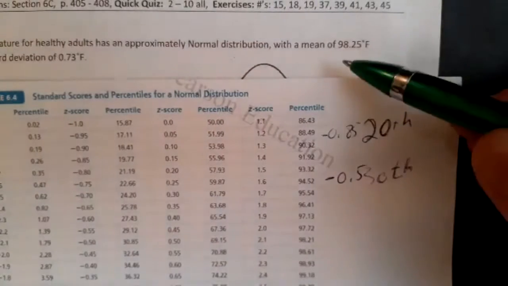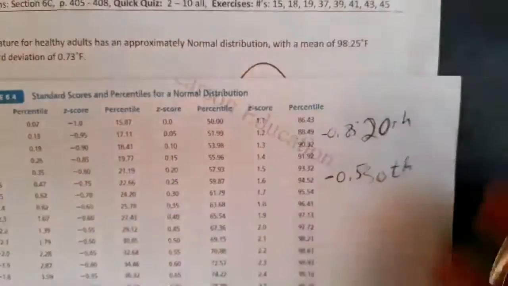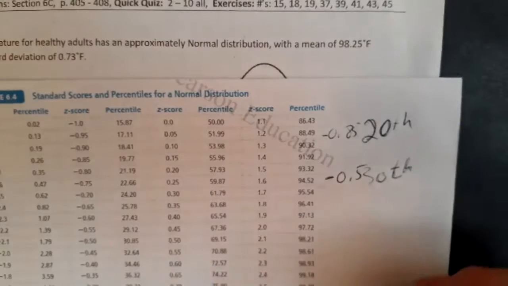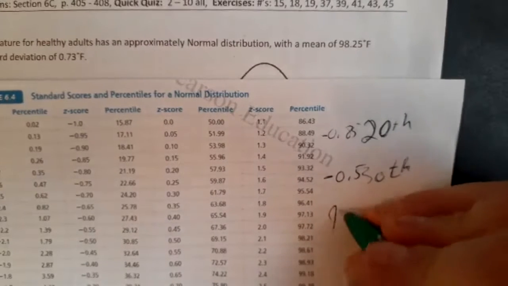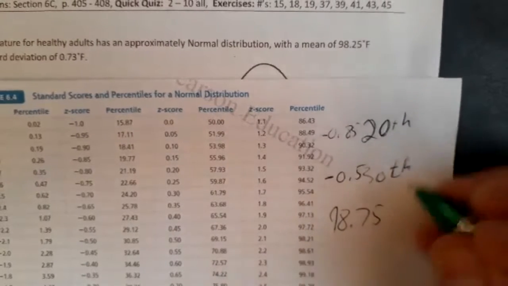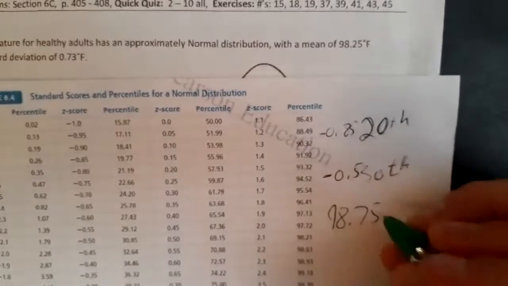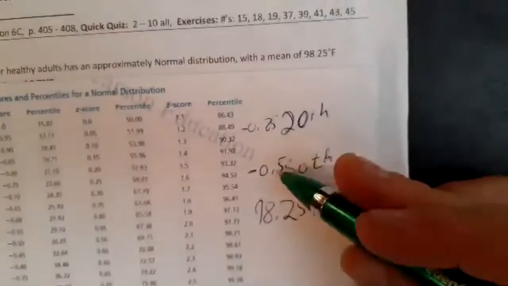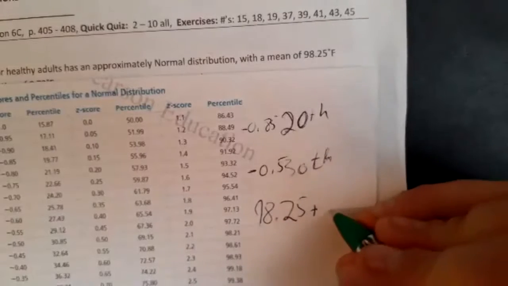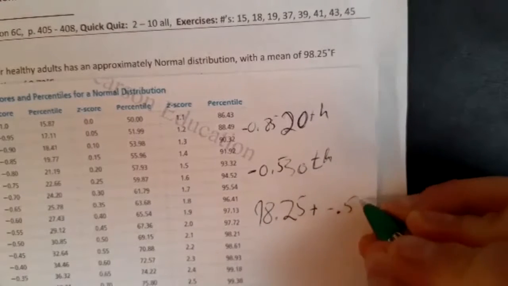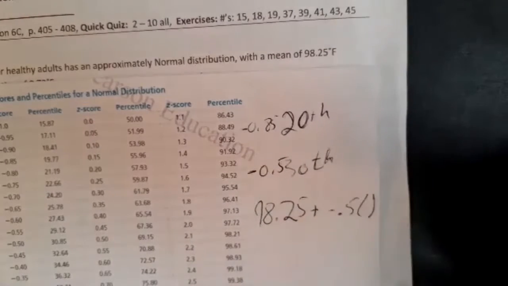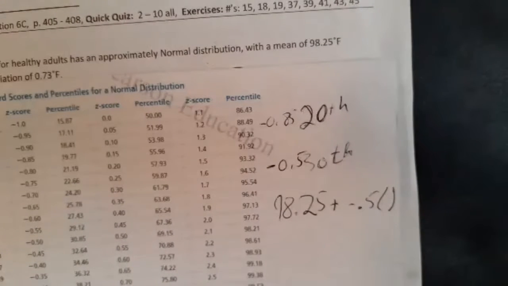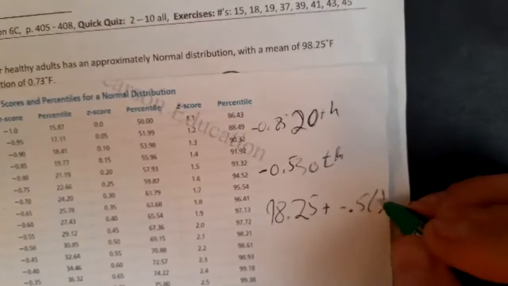We know it's a mean of 98.25 and a standard deviation of 0.73. So I'm taking the mean and adding the z-score times the deviation, 0.73.